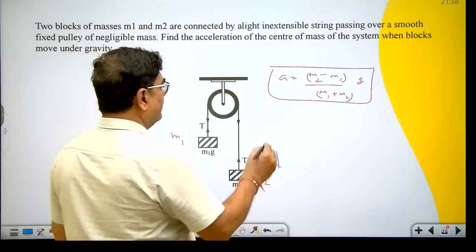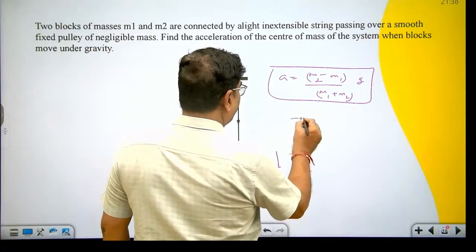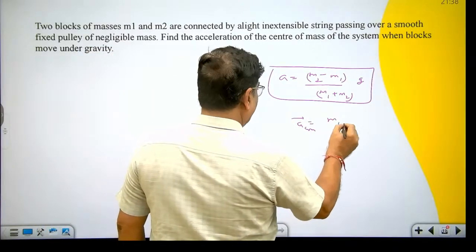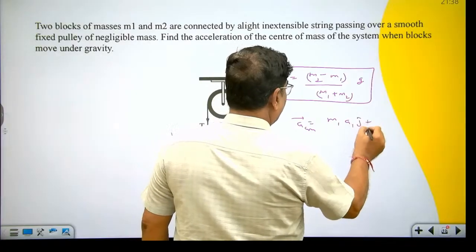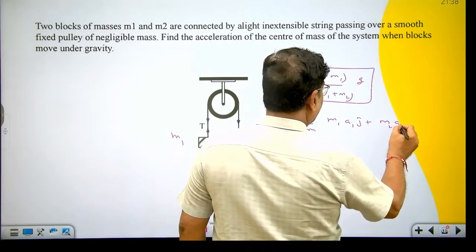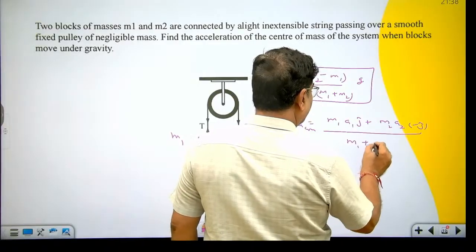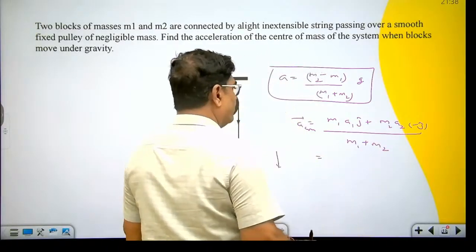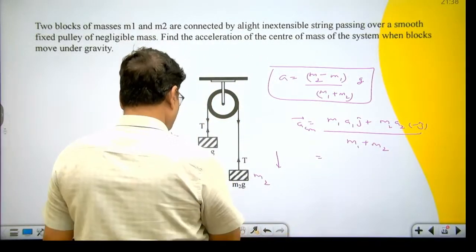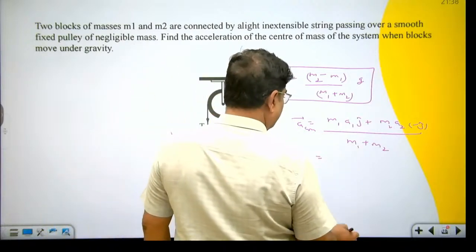Now we can write acceleration of center of mass equal to m1 a1 plus m2 a2 divided by m1 plus m2. You just substitute the value. Magnitude of a1 and a2 are the same.